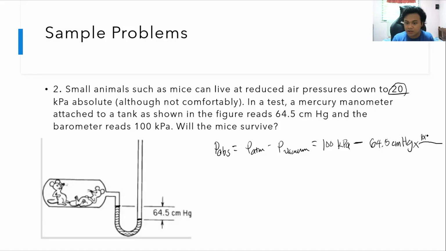So 101.325 kPa, divided by 76 cmHg. So that's actually it. And then the answer will be 14 kPa absolute. Okay, so conclusion, the mice will not survive.